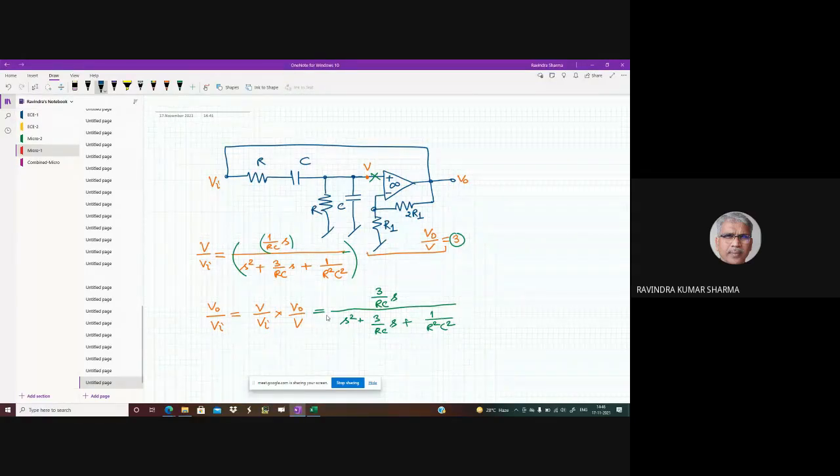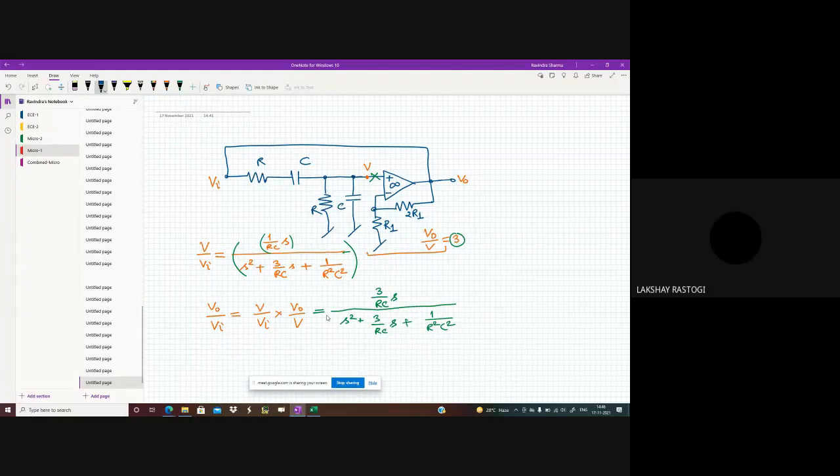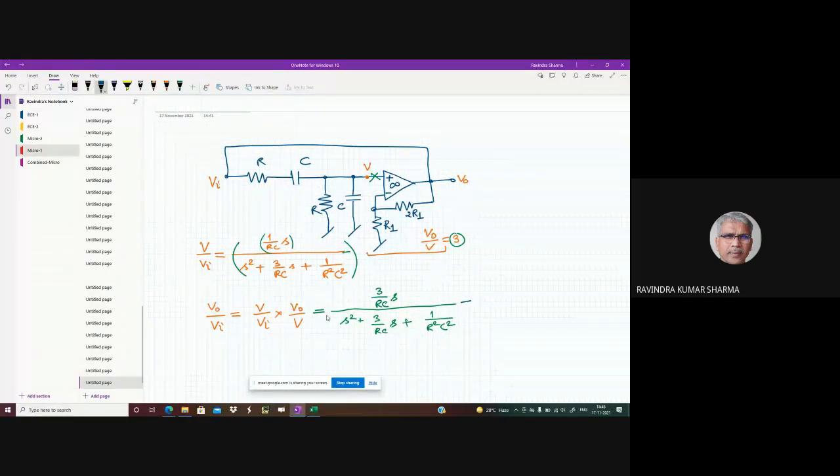By shorting output and input, I am making VO equal to VI, isn't it? So now put this equal to 1. VO by VI is now equal to 1. Is that okay?